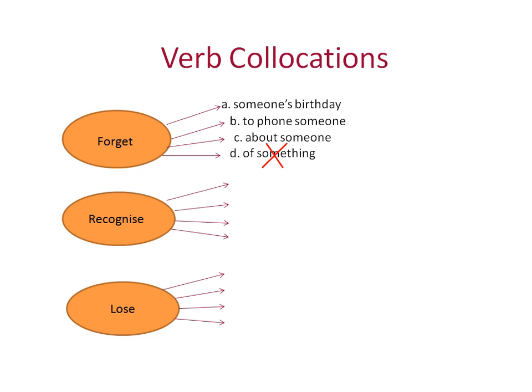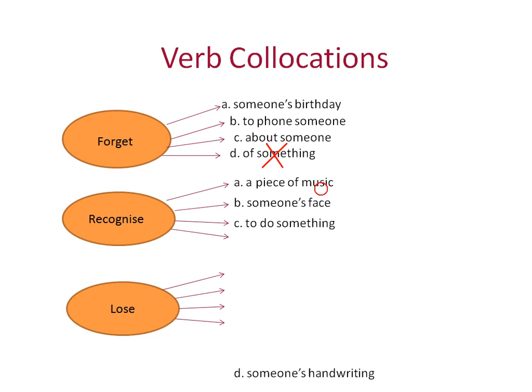The following given verb is recognize, يميز. The first phrase, a piece of music. The second, someone's face. The third, to do something. The last, someone's handwriting. Which phrase is wrong?